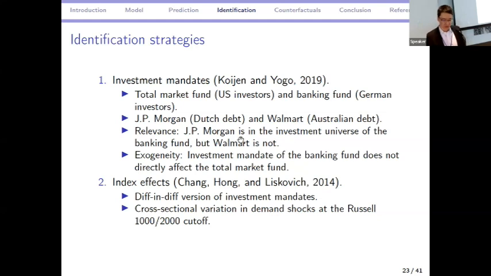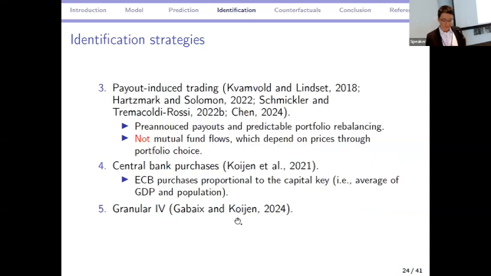Okay, so the relevance condition is that JP Morgan is going to have a smaller residual supply because it's held by the banking fund. But Walmart has greater residual supply. And then the exogeneity assumption is that the investment mandates of the banking fund don't enter the total market fund directly. The index effects is a difference-in-difference version of the same instrument, right?